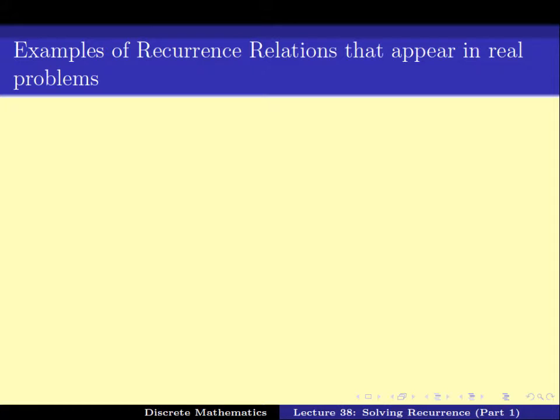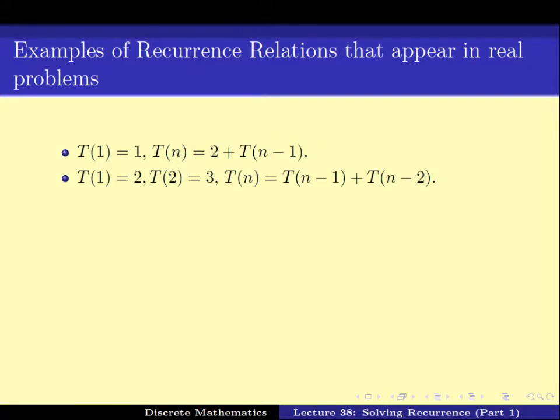Here are some of the recurrence relations that appear in real life problems. First, t1 equals 1 and tn equals 2 plus tn minus 1. The second one, t1 equals 1, t2 equals 2 and tn equals tn minus 1 plus tn minus 2.